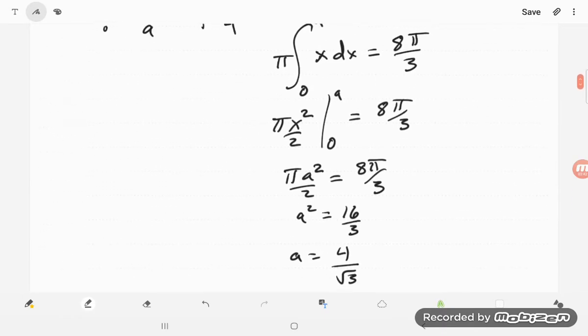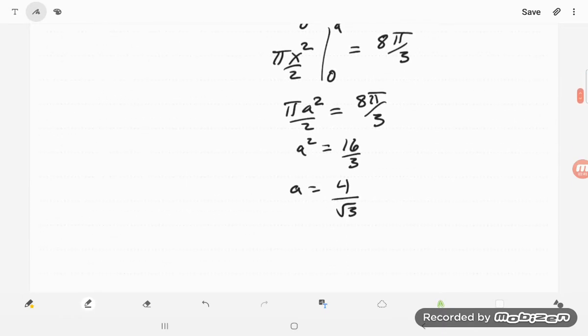And that number 4 over the square root of 3, what the heck is that? Well, good question. Square root of 3 is like 1.7. It might be easier to think about it if I multiply top and bottom by the square root of 3, so I've got 4 times the square root of 3 over 3. 4 times 1.7 is like, what, 6.8?